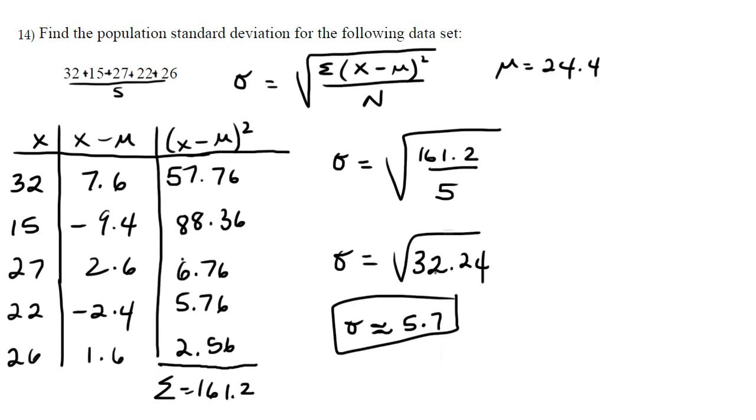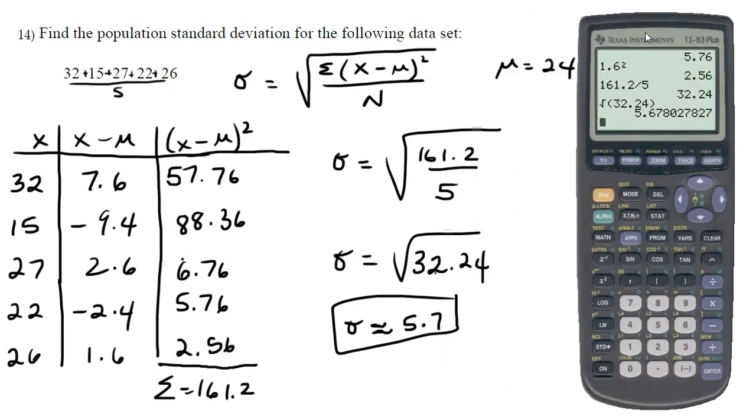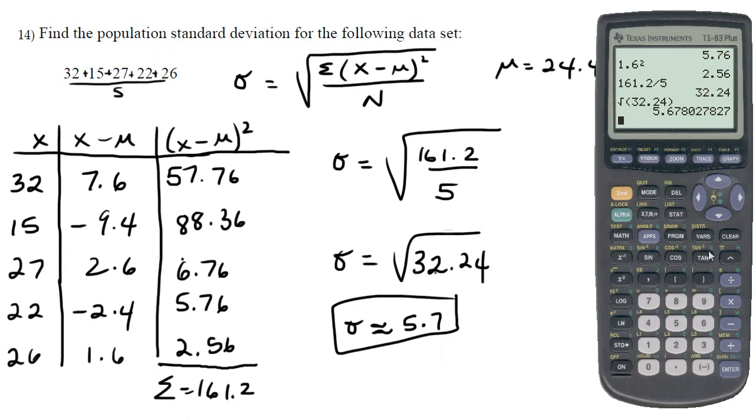Let's pull in the calculator to also show that. So let's clear these lists. Second, memory. 4, clear all the lists. Let's clear all that. So stat, edit, 32, 15, 27, 22, 26.